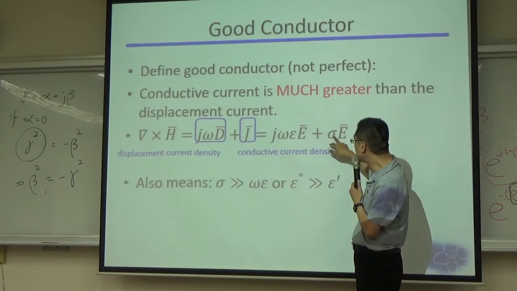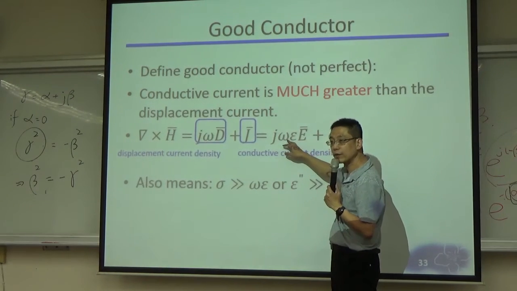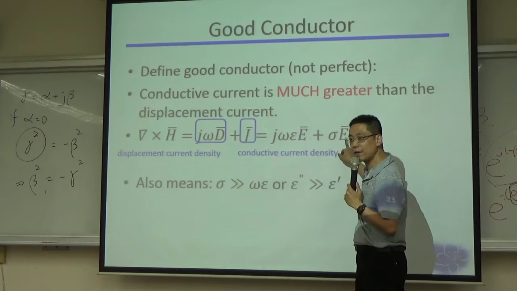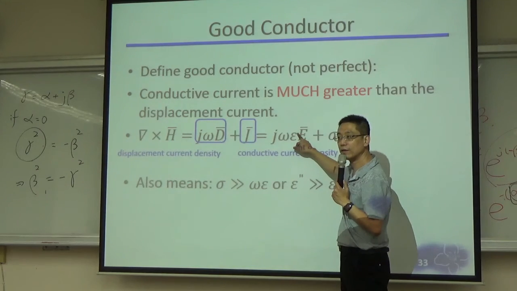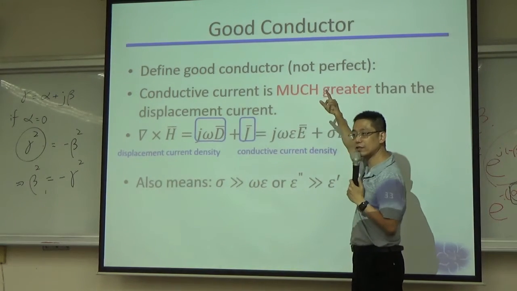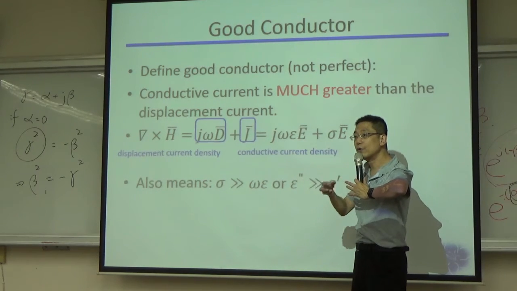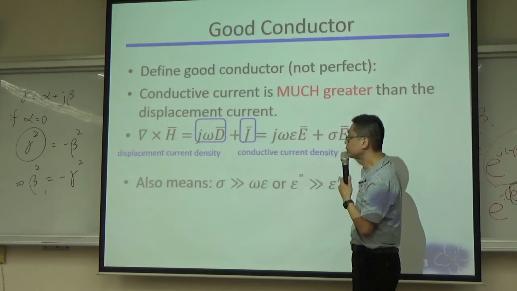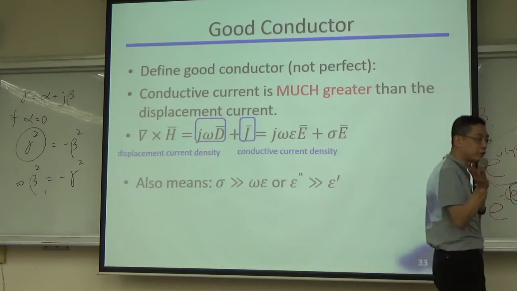Or if this one is large compared to this one, that this term is larger than this term, what happened? This is a good conductor. If you are talking about a wave on the conductor, which has very large conductivity, this one, the red one, is very huge compared to the other part.